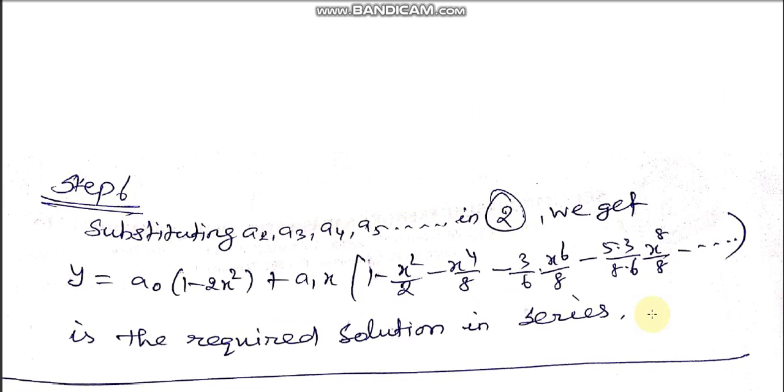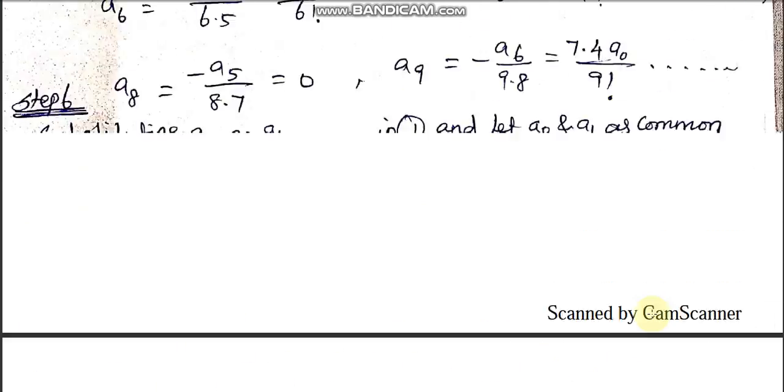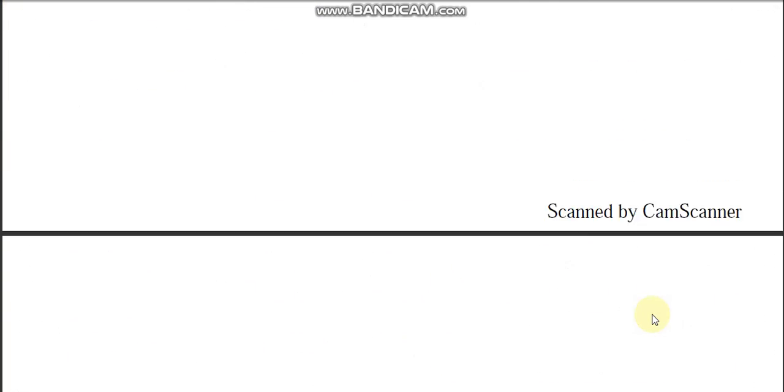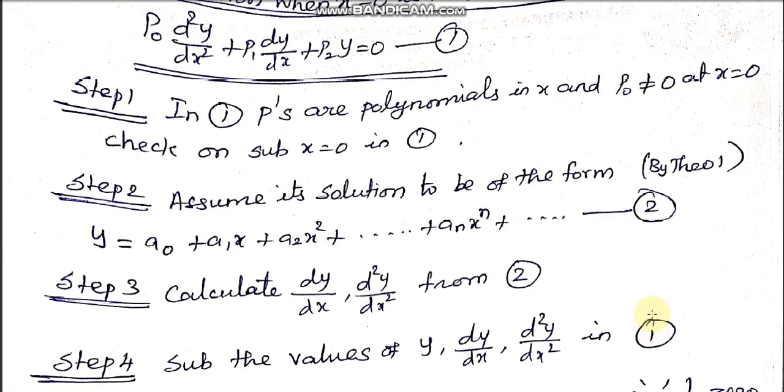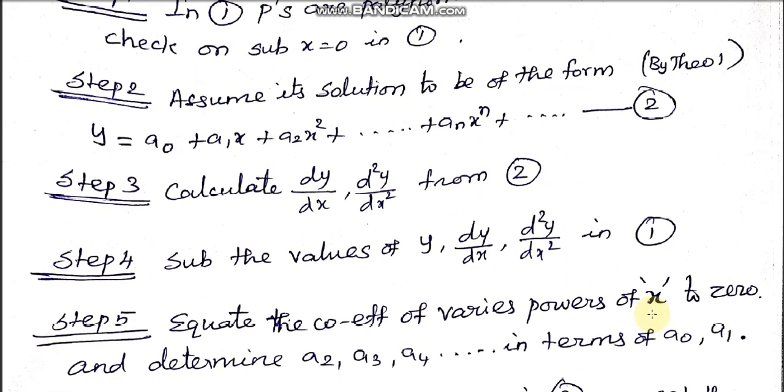Again, the procedure: only 6 steps. The first step is to check whether the given equation has an ordinary point, by substituting x equal to 0. Second step, consider the solution. Third step, calculate dy by dx and d square y by dx square. Step 4, substitute these values of y, dy by dx, d square y by dx square in the given equation 1.